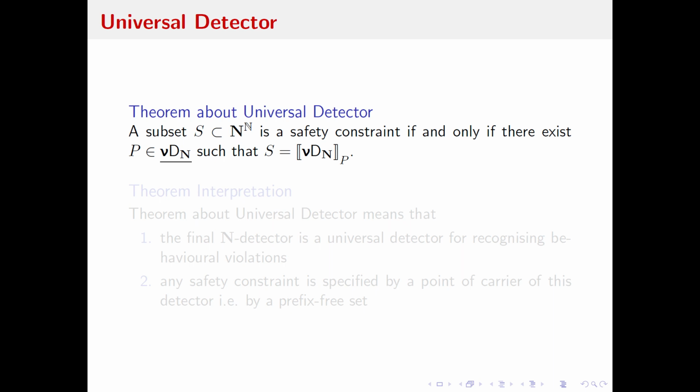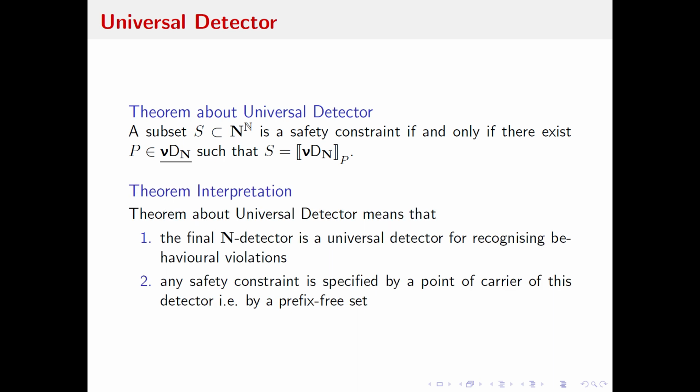We need only use the theorem about preserving bisimilarity. The theorem about the universal detector allows concluding the following. Firstly, the final detector is a universal detector. Secondly, carrier points of the final detector, i.e. prefix-free sets of finite sequences of notifications, are the tools for specifying safety constraints.